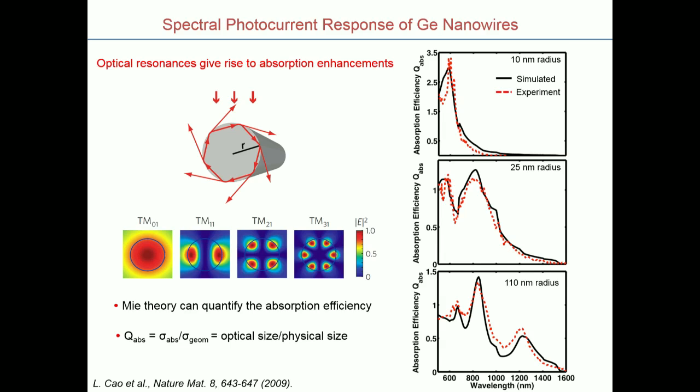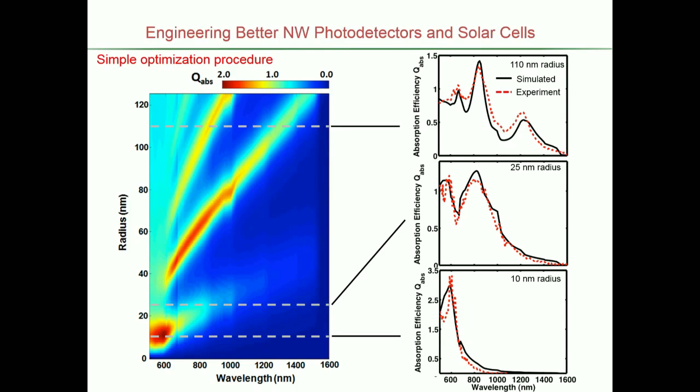And you can see for the spectra that I just showed of the photocurrent, now plotted in absorption efficiency versus wavelength for the small, a little bit bigger and biggest wire, that the absorption spectra in experiments in red nicely overlap the simulated absorption spectrum that we can calculate. And there you can see that you can actually get light absorption maybe 2 or 3 times higher than the absorption that you can get in an individual wire.